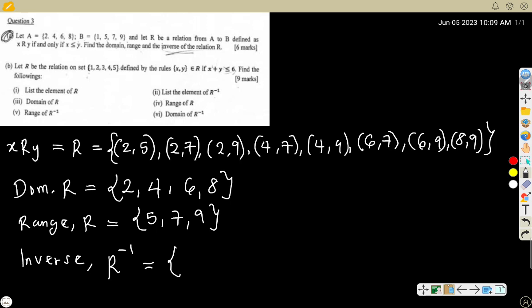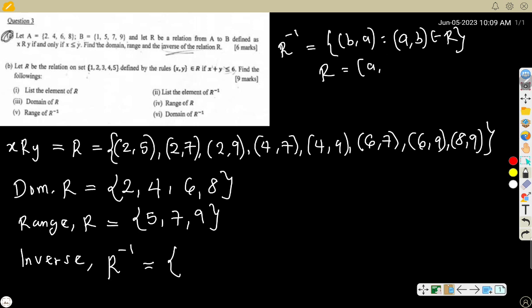That will give you the inverse. If A and B are two sets, and R is a relation from set A to set B, then the inverse of R can be defined as a relation from B to A, such that (a, b) is a member of R. That is, if the main relation R is from A to B, then you now write B first, followed by A.